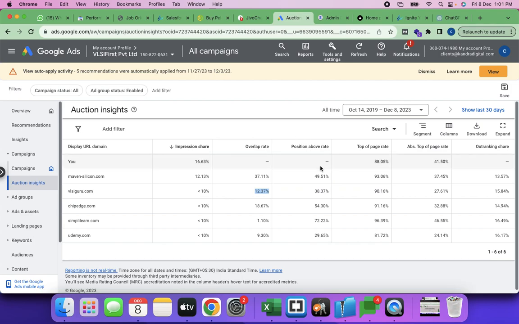That is 50% position above rate. And below that, VLSI must be ranking, VLSI first. Okay, that's what position above rate means. Yes, they have attended only one class and they came first for everybody. Correct? You understood? That's the position above rate.